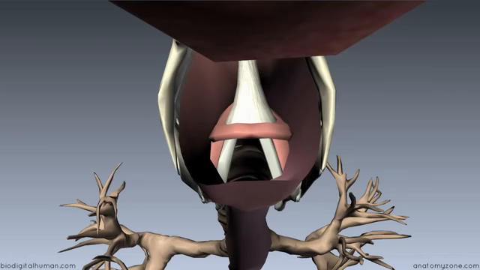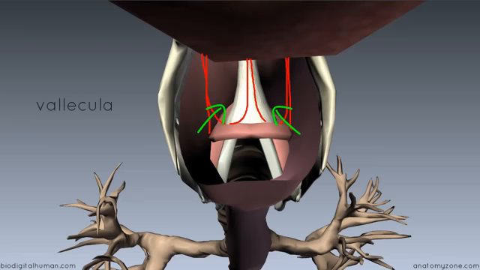So in the midline we've got some mucosa which reflects back and attaches onto the tongue from the epiglottis, and laterally on either side we've got reflections of mucosa which attach to the tongue, like so. So I've just drawn these on very broadly, and in between these reflections you've got these little depressions, and these are called vallecula.